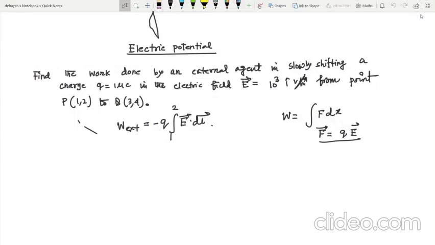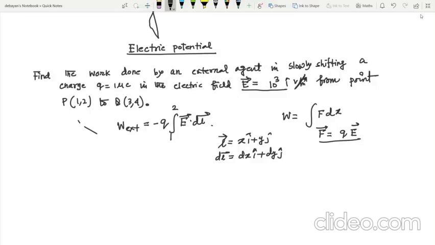So what will happen, here it is given that the electric field is along the i direction, and we know if r is a vector then it can be represented as x i cap plus y j cap. So if it is dl then it should be dx i cap plus dy j cap.